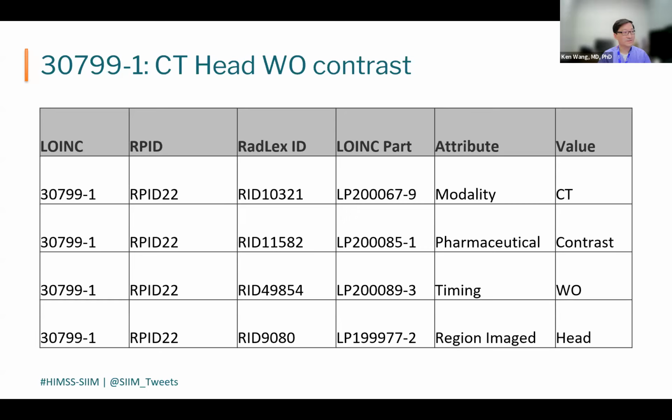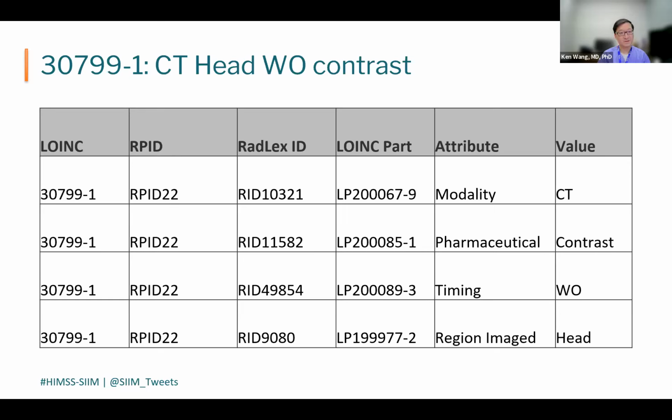And this is just an illustration of the parameters or attributes that are used to define this orderable imaging exam. This is very analogous to the Sandbox spreadsheet that Kent was showing a few minutes ago, but in the context of orderable exams, I just want to show you this example. So this exam is defined by 4 attribute values shown in these 4 white rows. The first row is the modality descriptor, which is coded with a value of CT, which has a certain RadLex terminology identifier.